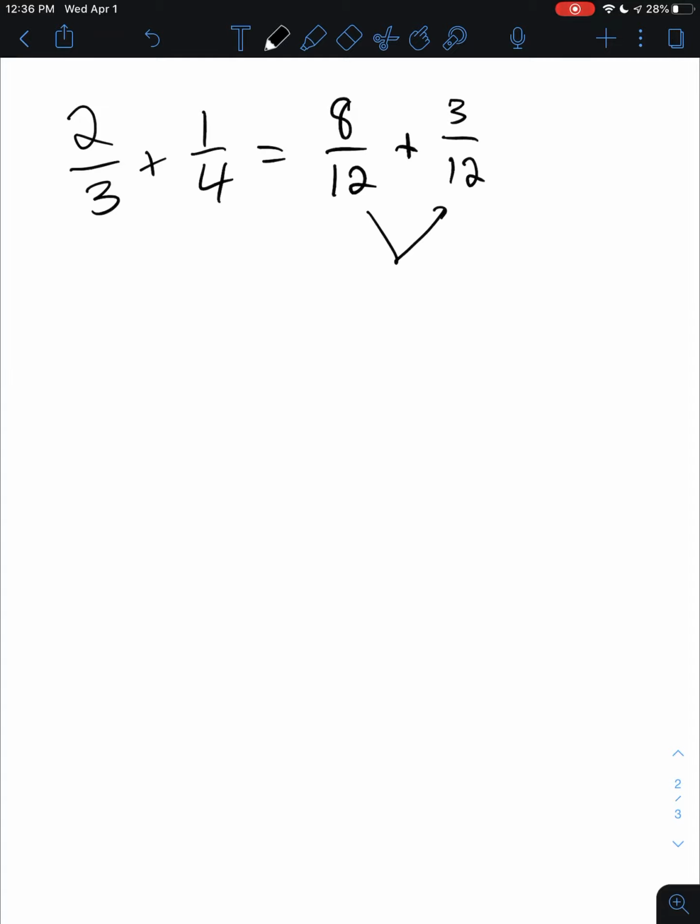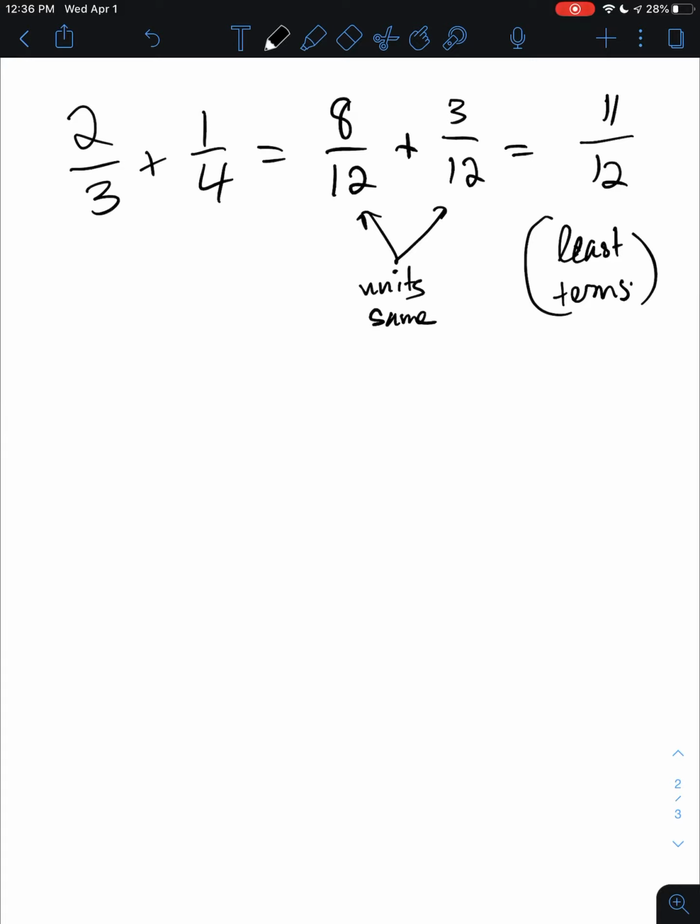Now the units are the same, so I can add them, and this becomes 11 twelfths. And this is in lowest terms already, so we're not going to go any further with that. Okay, so we're done this addition problem. So that is a method for always finding the sum of two fractions. It always works, and it should make some sense to you.